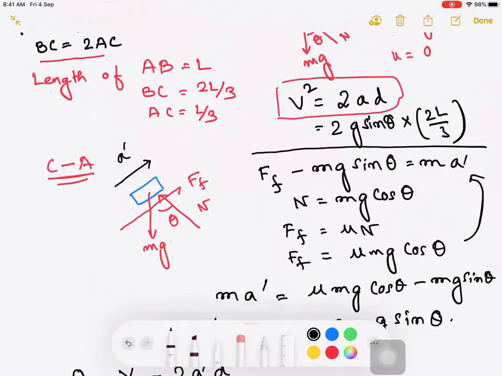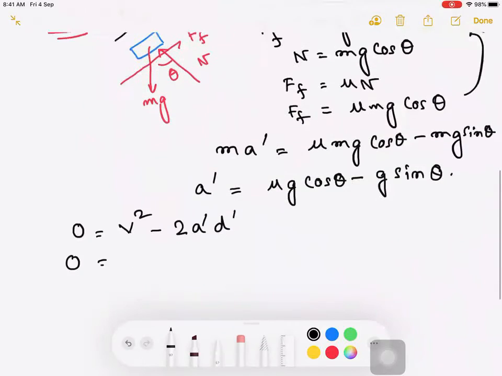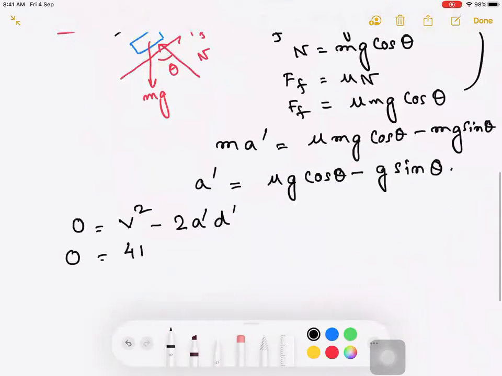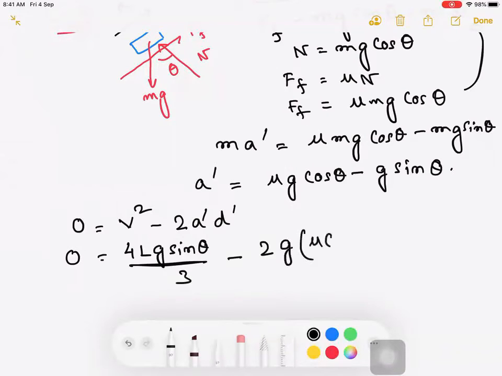I can write this as 4Lg sine theta by 3, minus twice g (mu cos theta minus sine theta). This is the acceleration value, minus twice g (mu cos theta minus sine theta) into the distance. The distance is L by 3.